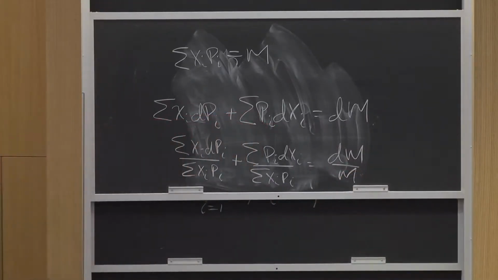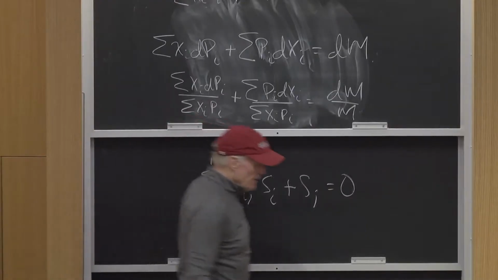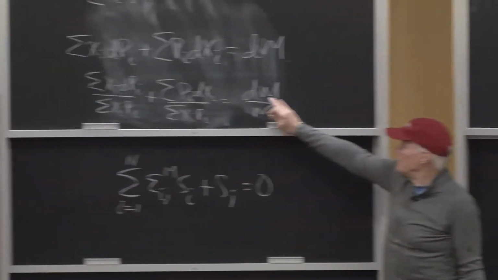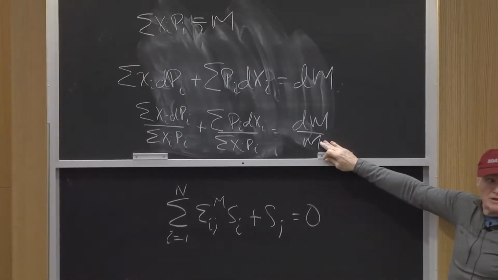Okay? So this side is the percentage change in income, right? That's the percentage change in nominal income.